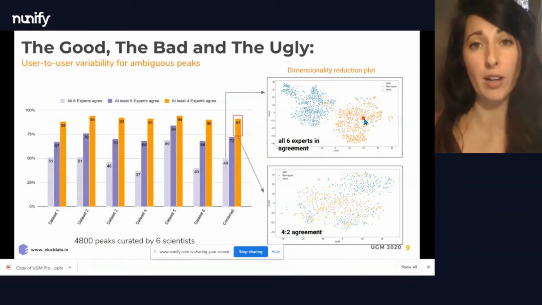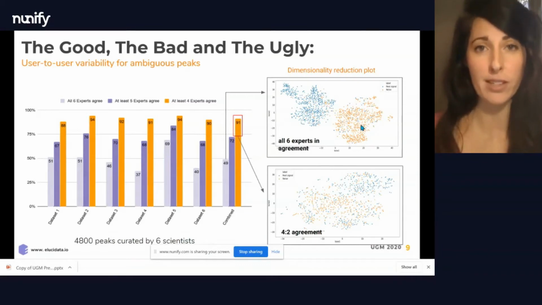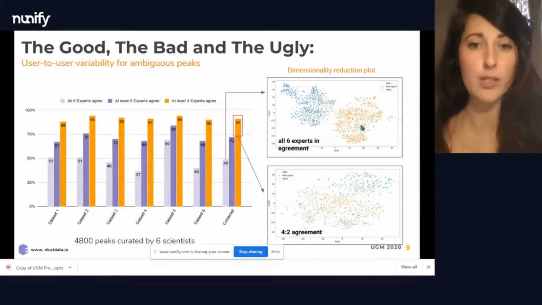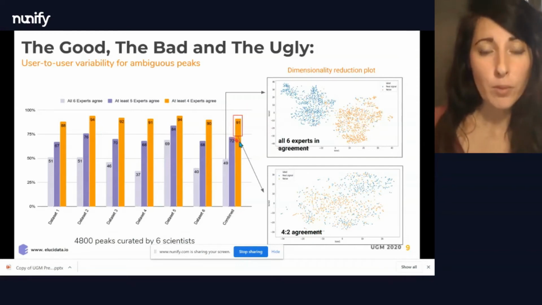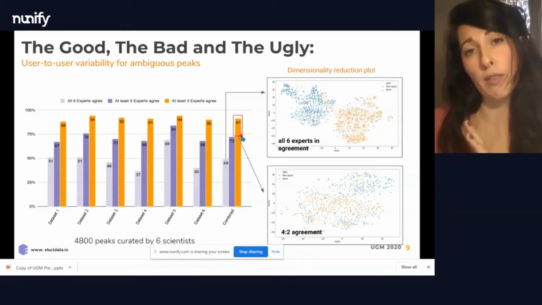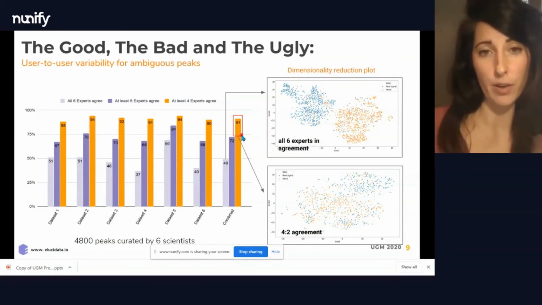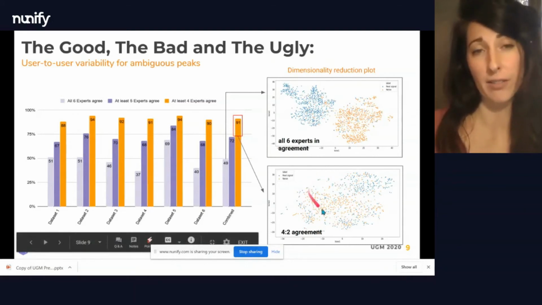Everyone is agreeing on this, and they're clearly distinct populations, and this is what I would refer to as obviously good peaks and obviously bad peaks. So it makes sense that we're all in agreement there. Instead, when we looked at the fraction of peaks where there was more disagreement, so 4 of us felt one way and 2 of us thought the opposite, you can see that any clustering falls apart.